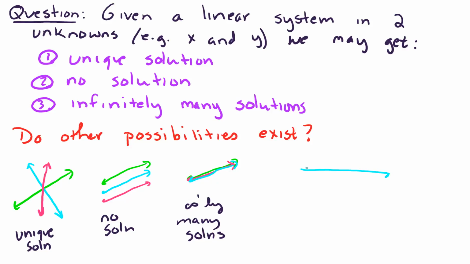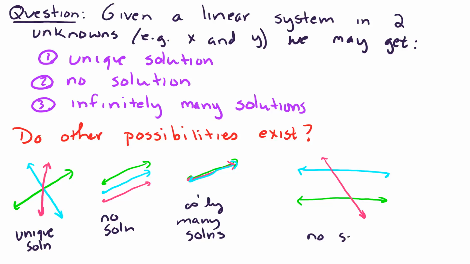Suppose we have two lines which are parallel, so they don't intersect, but then we have a third line that intersects each of those. So we've got a transversal. And the question here is, how many solutions are there to this system? Well, the answer is there are no solutions.